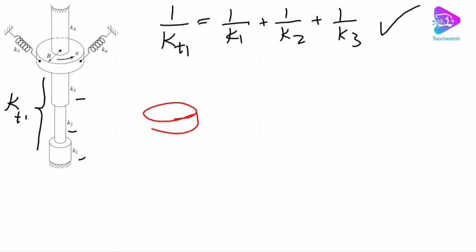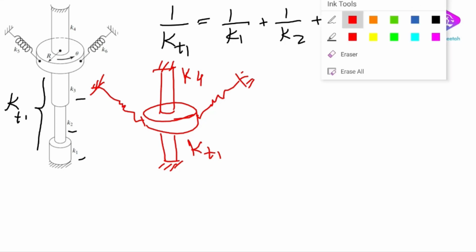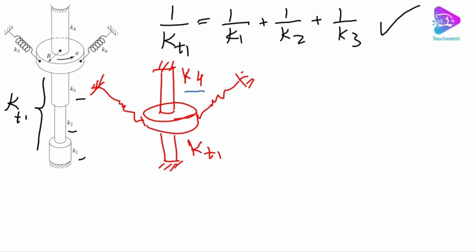So we have the disc, we have KT1 at the bottom, which is the equivalent stiffness of K1, K2, and K3, and on top we have K4, right? And we have for sure the two linear springs that we are gonna use in the future. We're not gonna touch them for now. So what we have here is KT1 and K4 as two parallel springs in the torsional fashion.